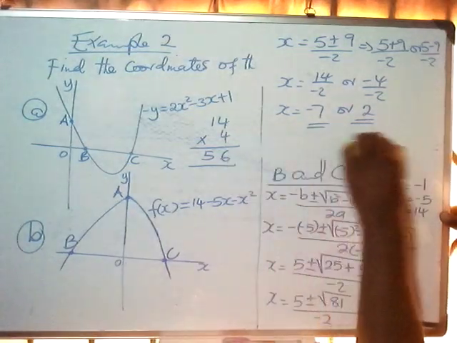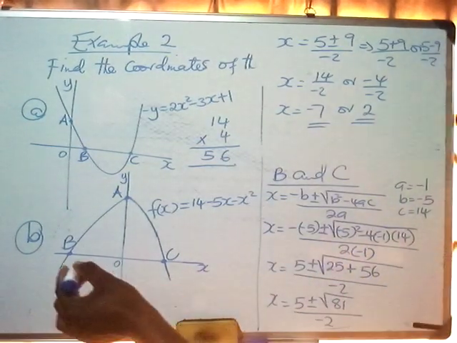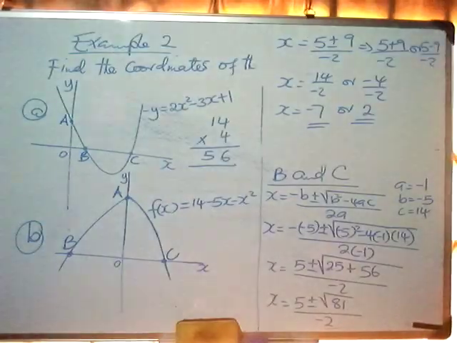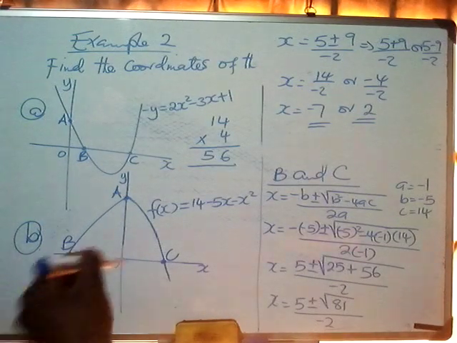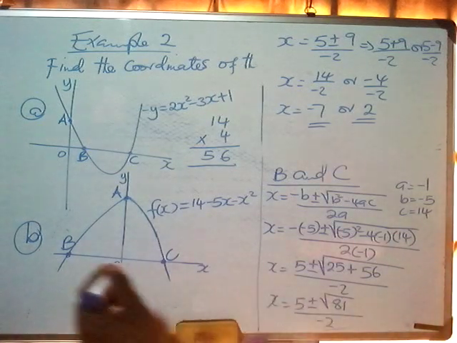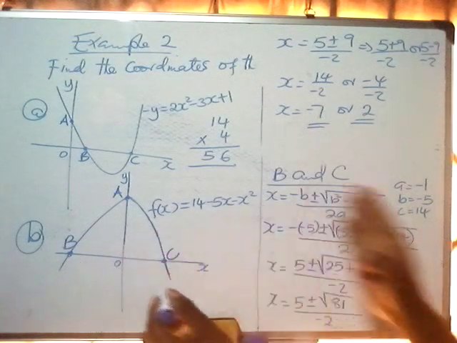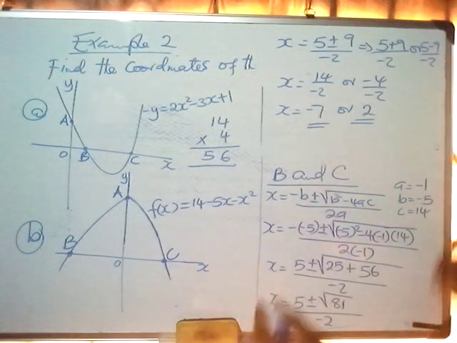Now, since we were looking for the coordinates, look at this. If you look at where B is, it is to the negative side of the x-axis, and C is to the positive side of the x-axis.